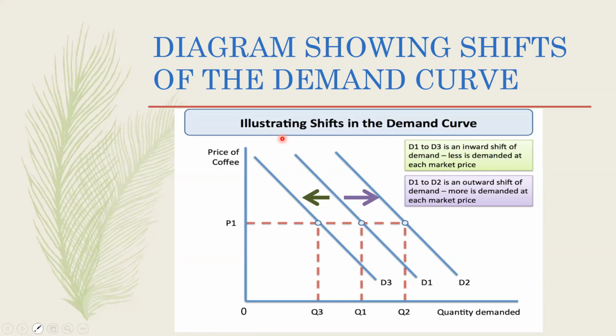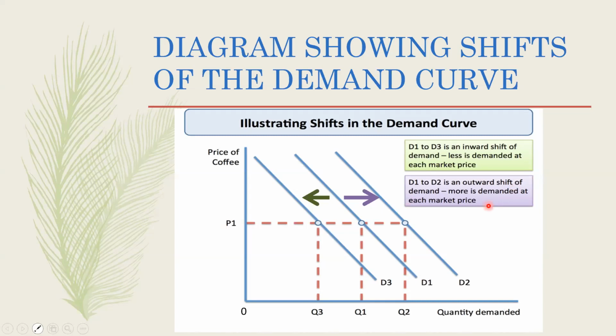So from D1 to D3, which is demand curve 1 to demand curve 3, is an inward shift of the demand curve, where less is demanded, probably because we get less income. And from D1 to D2 shows an outward shift of the demand curve. More is demanded at each market price.